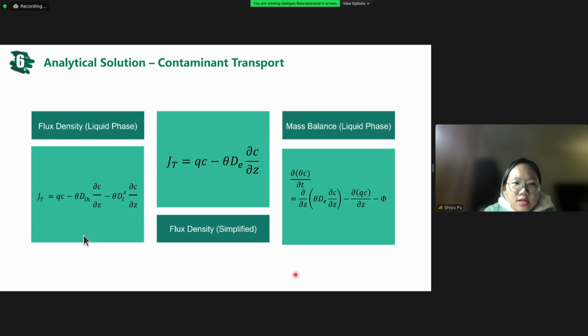Actually, we have two models. When we solve a real problem, I have shown you that theta is a function of the head, and the hydraulic conductivity is also a function of the head. So in the end, when we have to solve the problem, we use the head to combine these two parts.